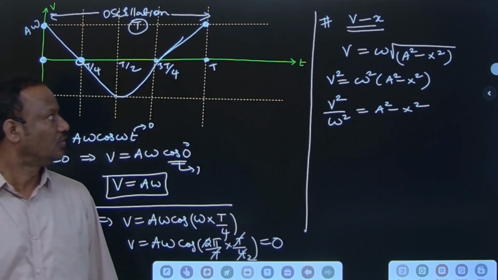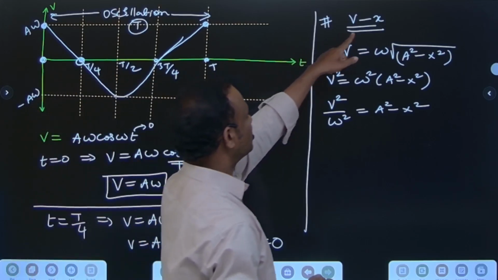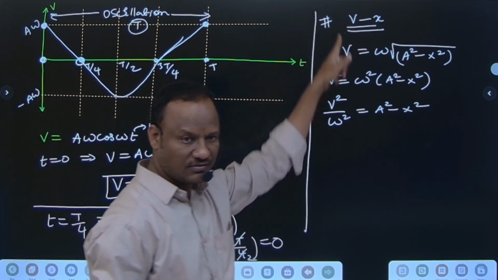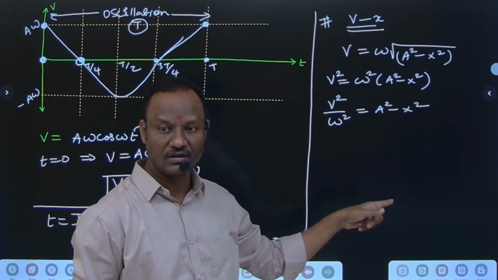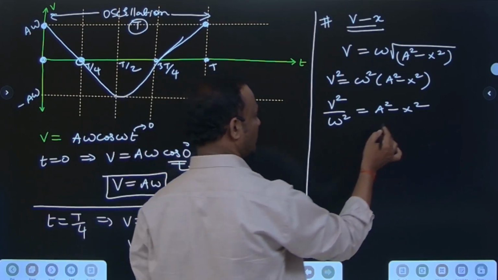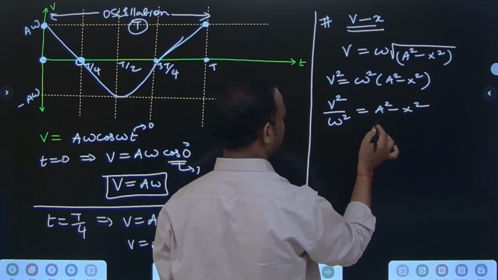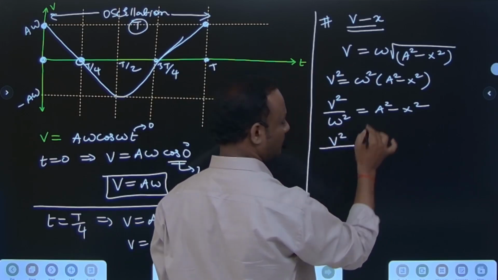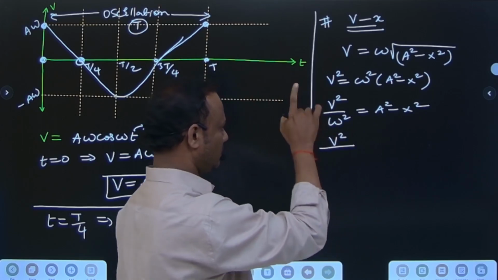Velocity versus position means velocity is taken along the y-axis and position is taken along the x-axis. First, I am dividing all the terms by A square.